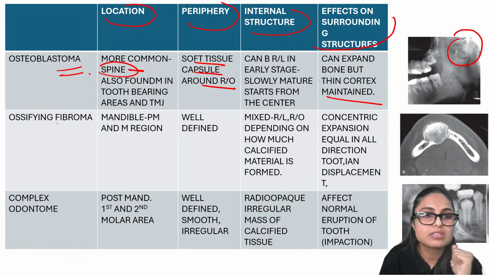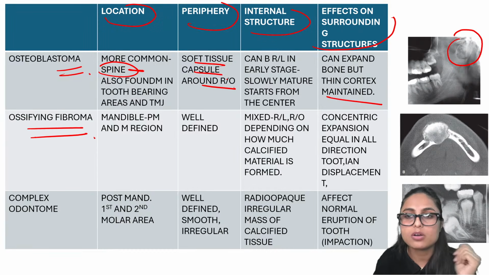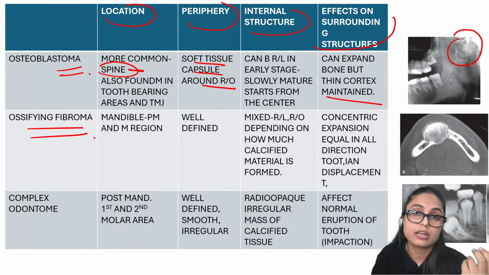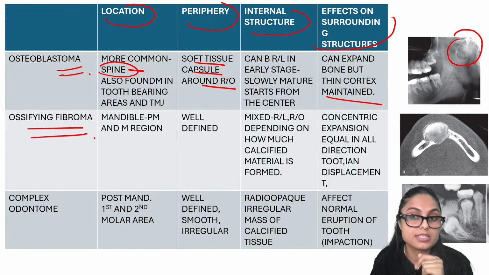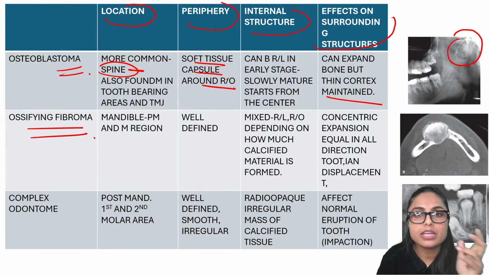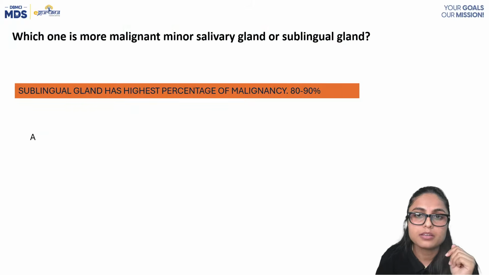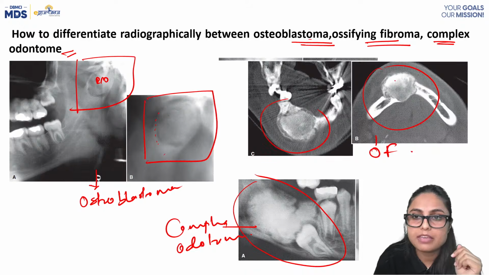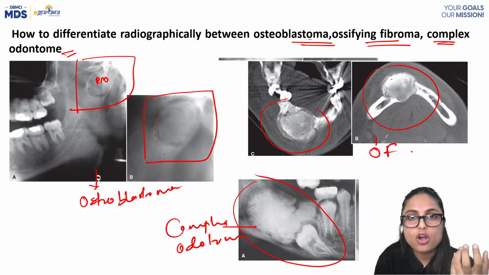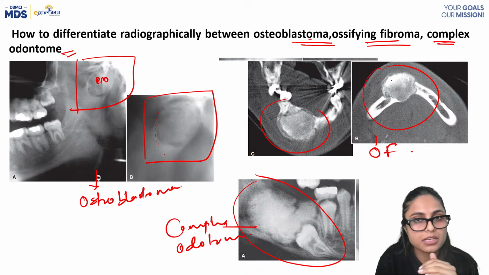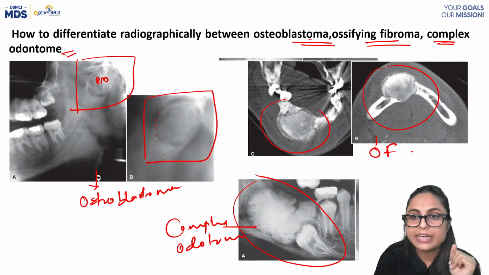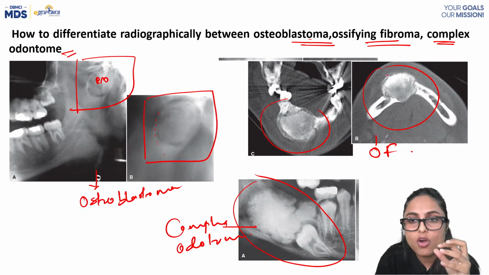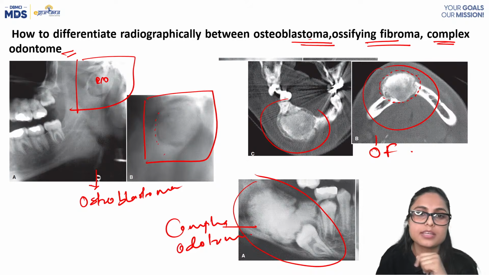If I talk about ossifying fibroma, we have discussed it in our classes. We had compared ossifying fibroma with fibrous dysplasia. The most common site is the posterior mandible in the premolar molar region. The periphery is well defined, as you can see over here.